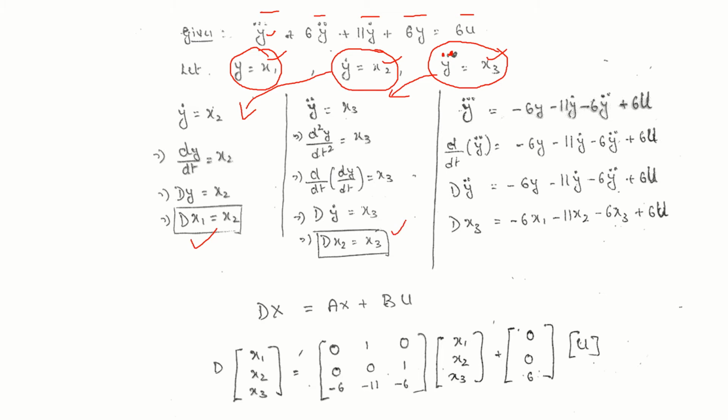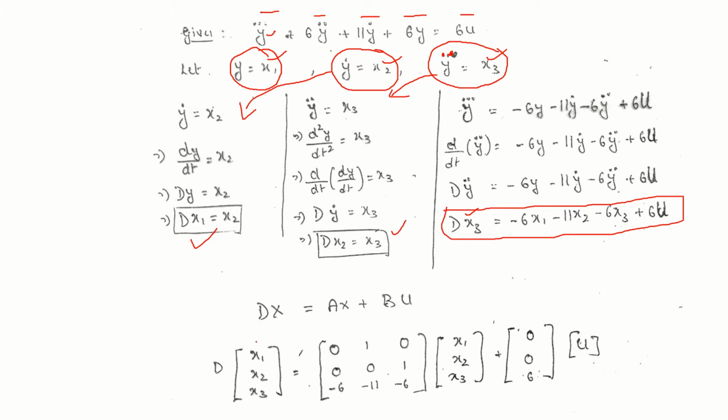So you got the second equation. Now for y triple dot, transfer everything to the right hand side. So d by dt of y double dot is minus 6y minus 11y dot minus 6 y double dot plus 6u, where y double dot is nothing but x3. Then I get the third state equation.